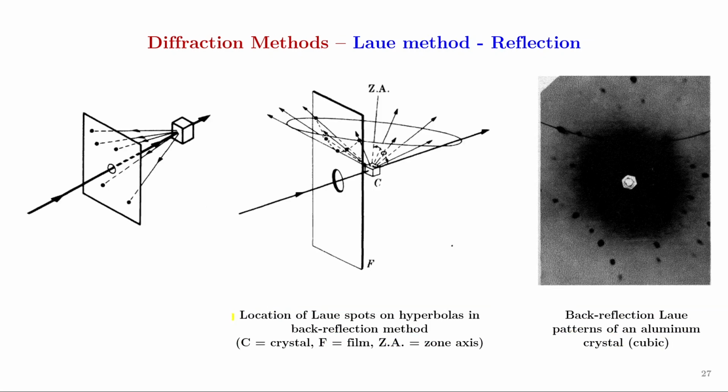In the case of the back reflection method, the locations of the Laue spots fall on hyperbolas. The third figure shows the back reflection Laue pattern of an aluminium crystal having cubic crystal structure. The white portion that you see over here is the hole that is set up in the photographic plate.